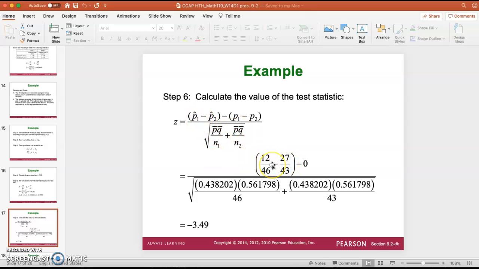There's our p hat sub 1, p hat sub 2. For our claimed values, p1 minus p2, we're claiming that they're equal, so that difference is 0. That's why that's there. And then here's that p bar and q bar we got from the slides before, divided by each of those sample sizes, both added up and inside a square root. Once we evaluate all that, we should get a test statistic of negative 3.49.